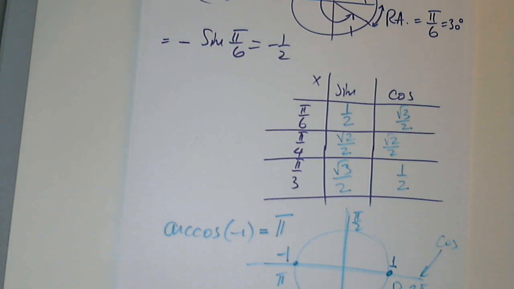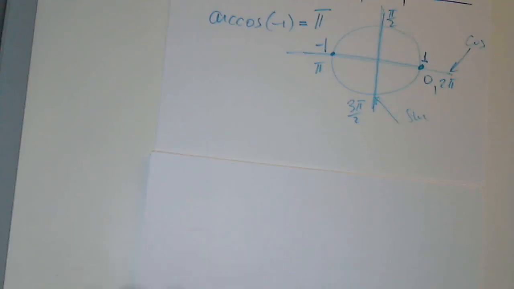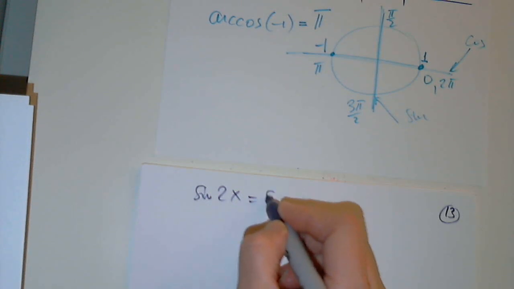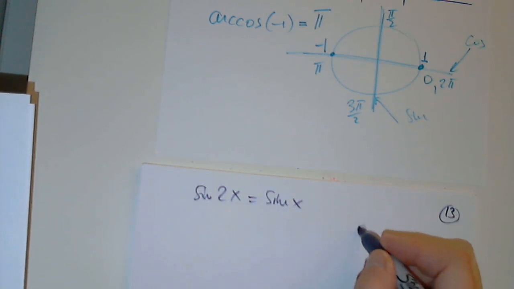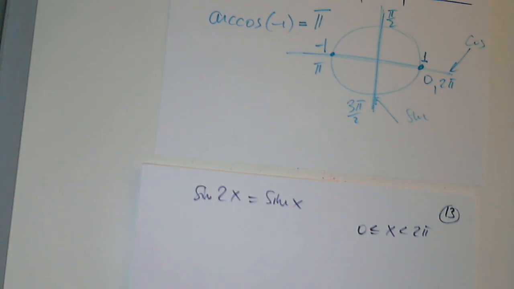Okay, ready? I didn't expect to use 4 hours on this. Well, actually 3. But moving forward, I'm hoping that you're going to review this. Okay, so we have a trig equation, and they want us to find only solutions in one full circle. They don't want us to determine all possible solutions.